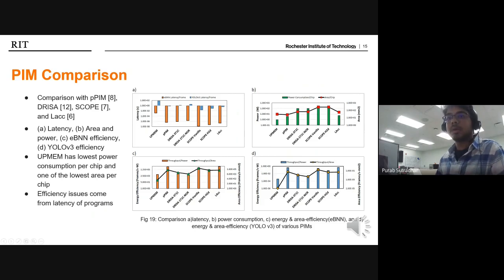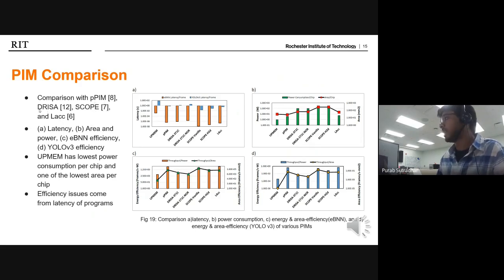So also we compared the performance of the UPMEM PIM with several other contemporary PIMs for a kind of quantitative understanding of where it stands. So we compared with DRISA, PPIM, Scope, and LACC. Each of these architectures has its own quirks.